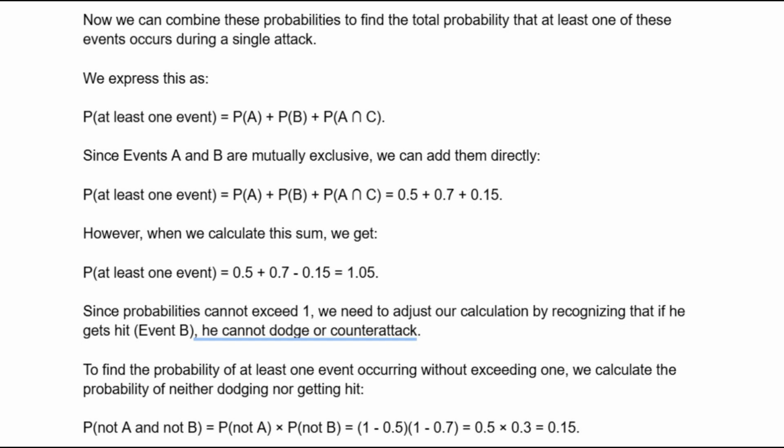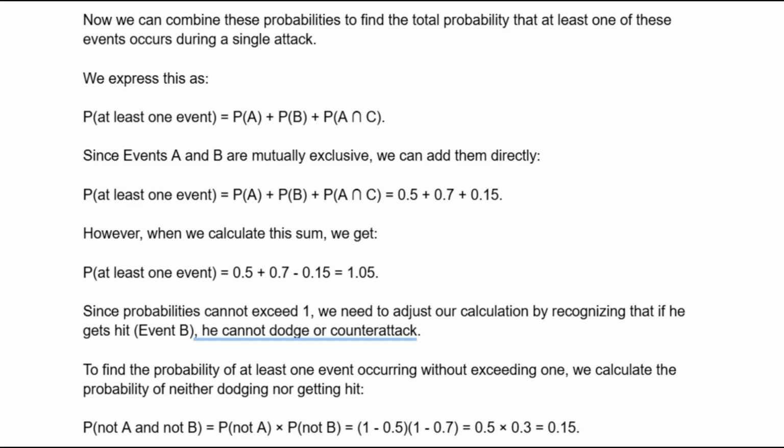P of at least one event is equal to 0.5 plus 0.7 plus 0.15. However, when we calculate this sum, we get 1.05.